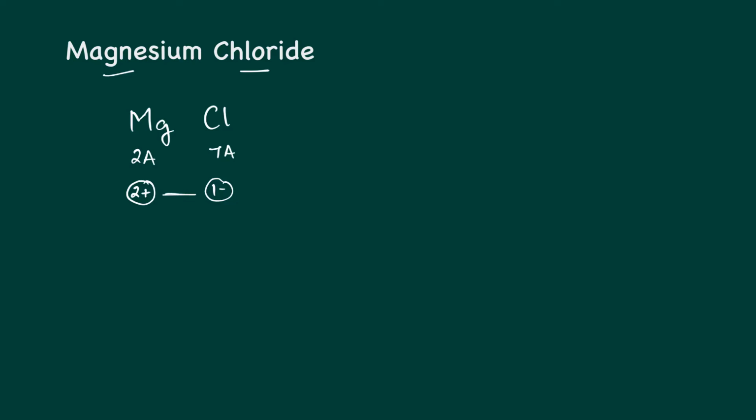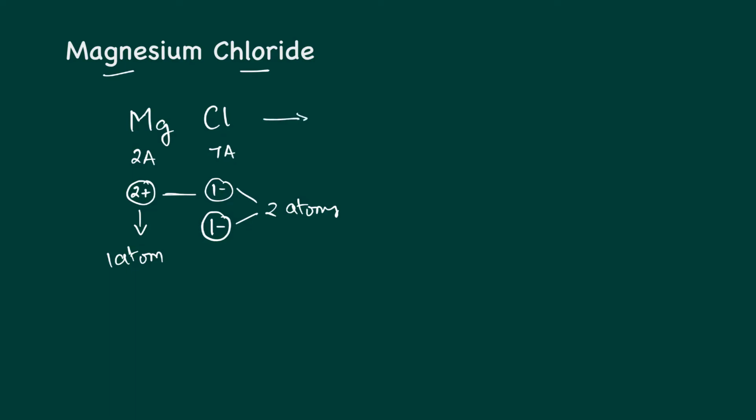So in order to cancel out these 2 positive charges, we're going to need 1 more negative charge. And that leaves you in a situation where you have 1 atom of magnesium. So this is 1 atom with 2 positives, and these are 2 atoms, each with 1 negative.